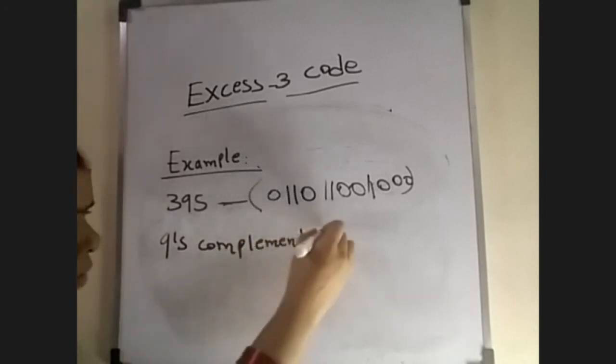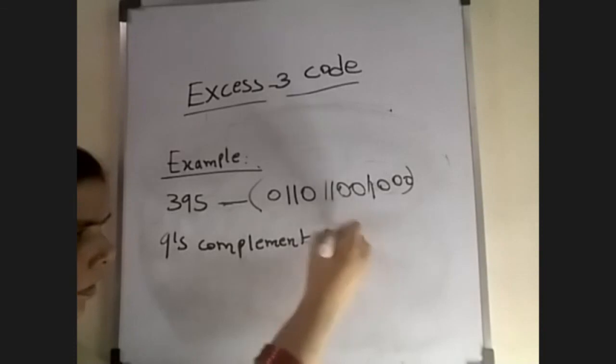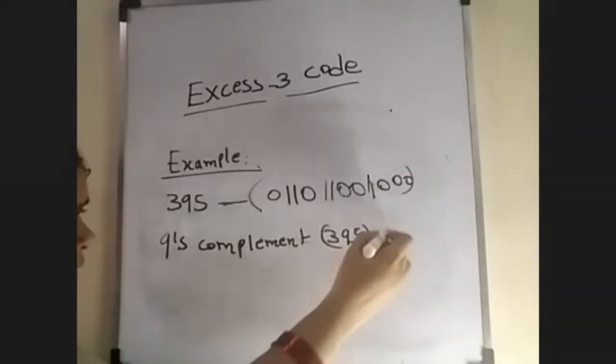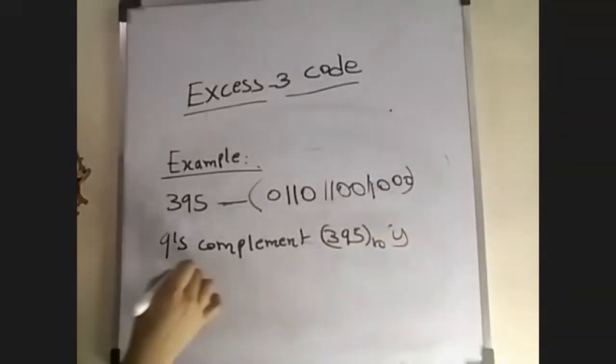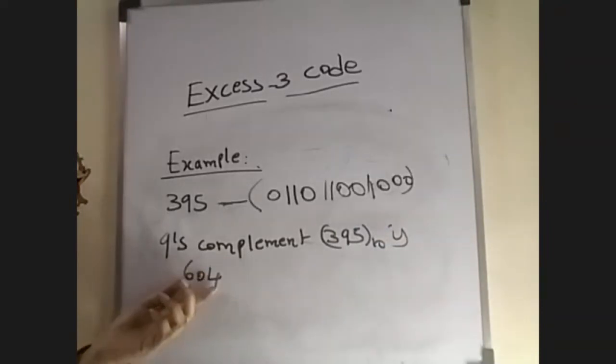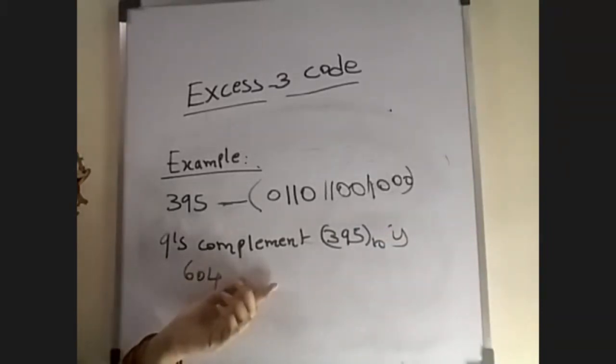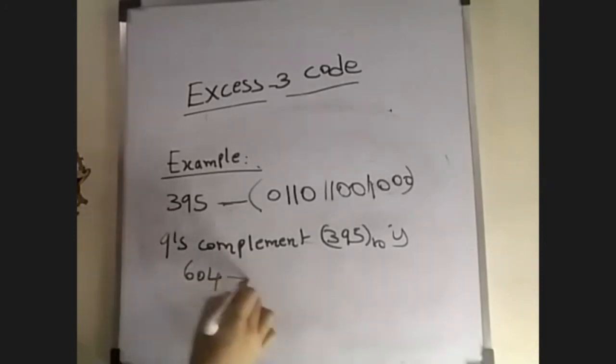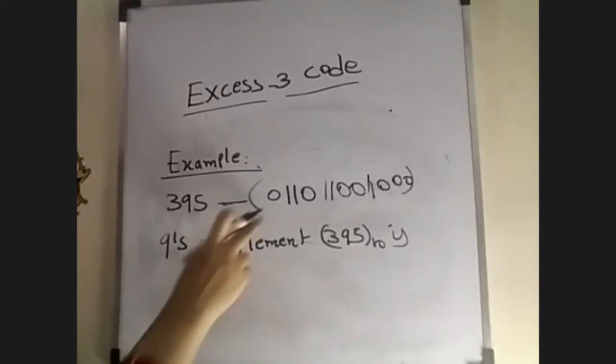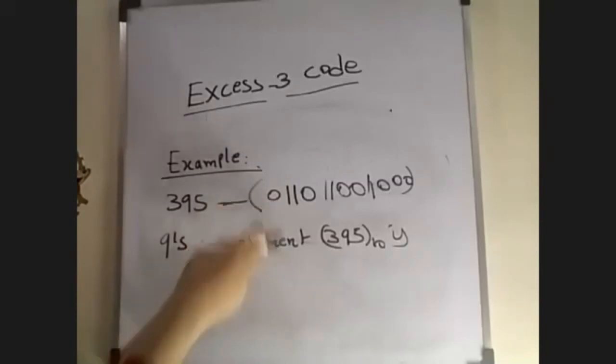It is 604. The 9th complement of 395 is 604. So this is the equivalent XS3 code value, and directly you can get the complement by changing zeros to ones and ones to zeros in this code.